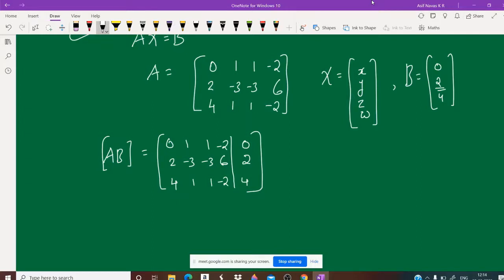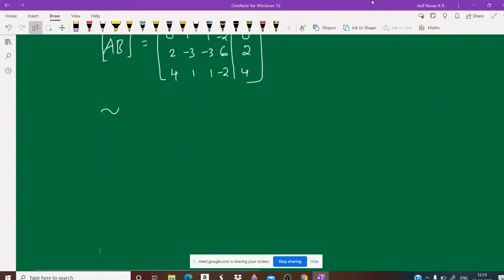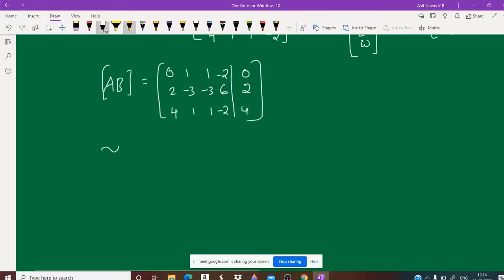Is it correct? Now we want to convert it into row echelon form. So what is the pivot? The first entry is 0, right? So what we will do? Interchange rows.